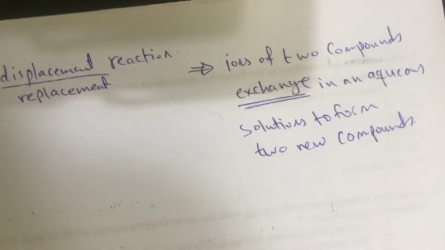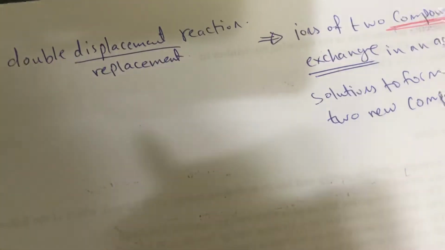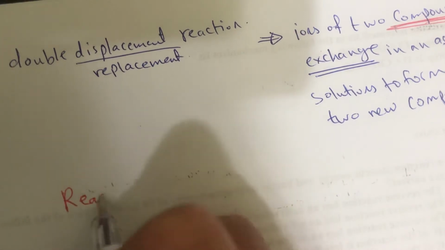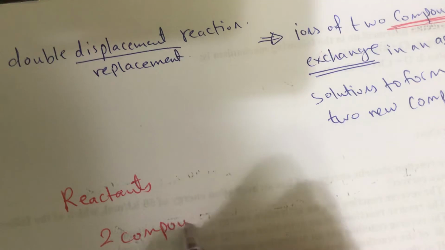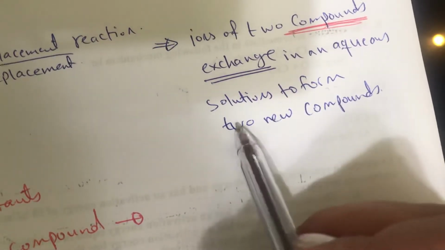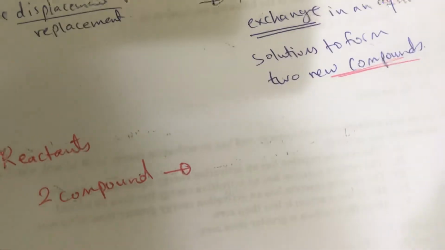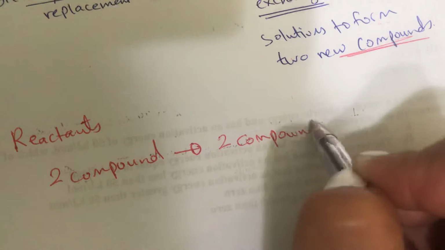So from the definition, the reactants are two compounds that form two new compounds. Then the products are also two compounds.